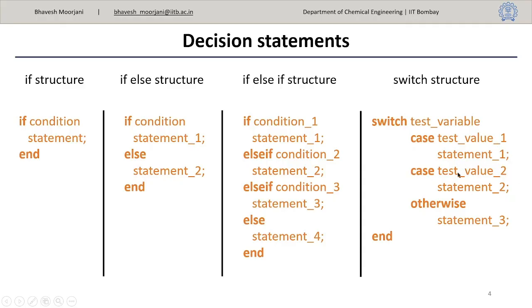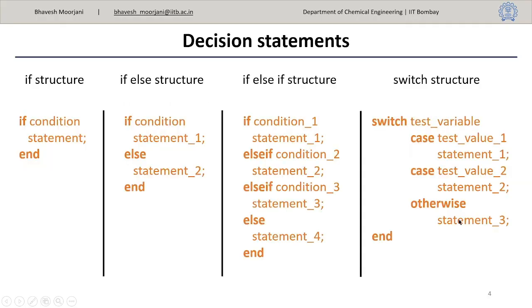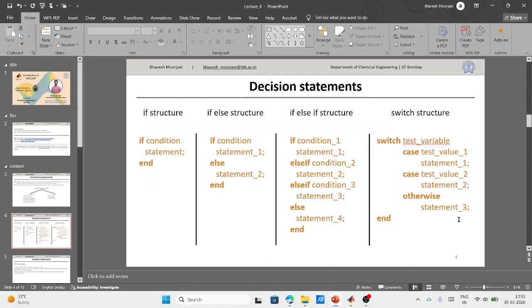If it is equal to test value 2, then statement 2 will execute. If nothing matches, then the otherwise part will occur. So basically it checks whether this condition is true, execute this; if this condition is true, execute this part; else move ahead.